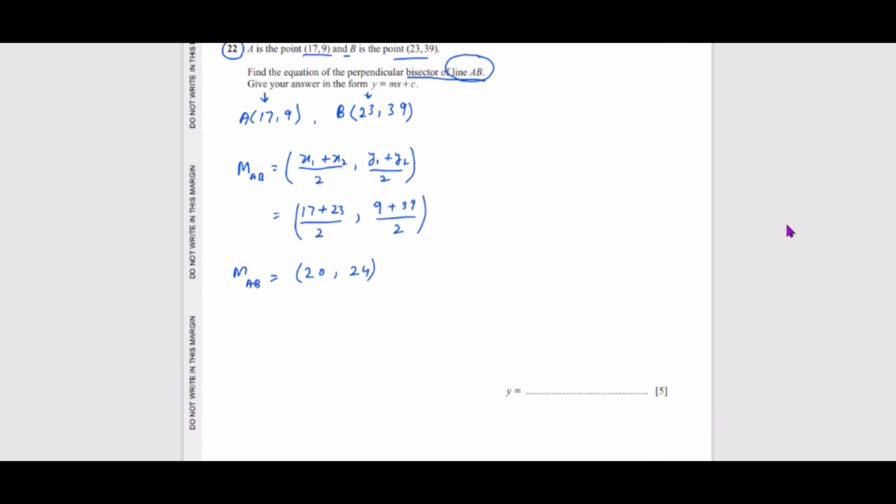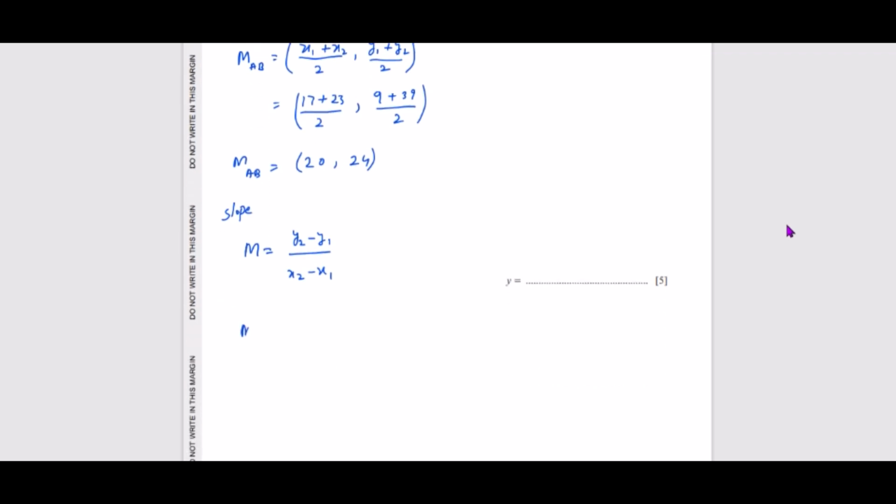Okay, now we are going to find the slope of this line. The slope of this line is indicated with m. The formula of slope is y2 minus y1 divided by x2 minus x1.